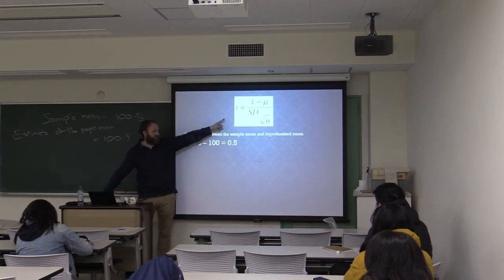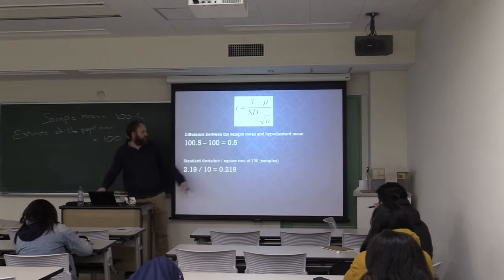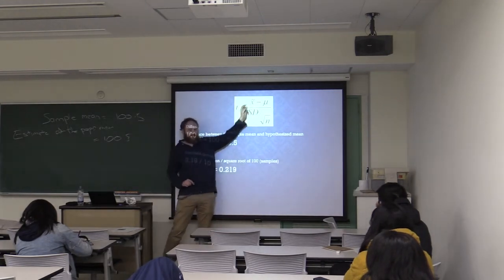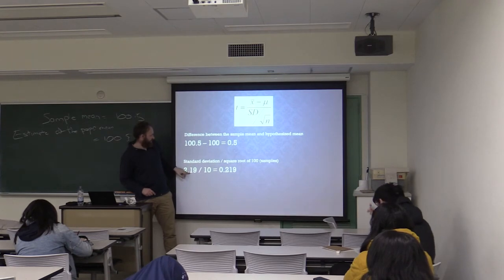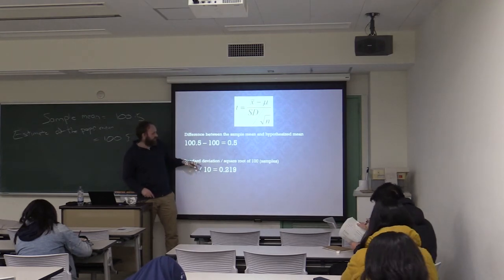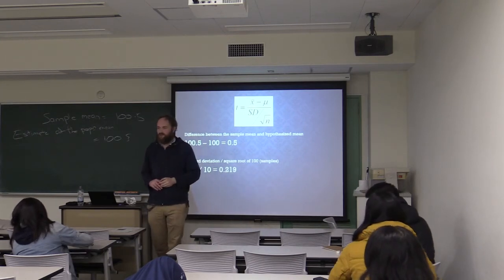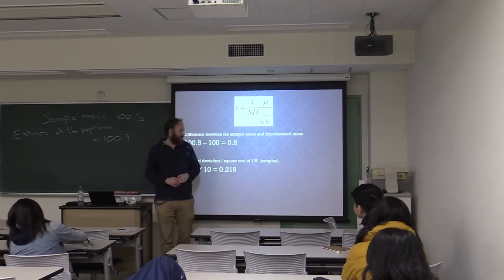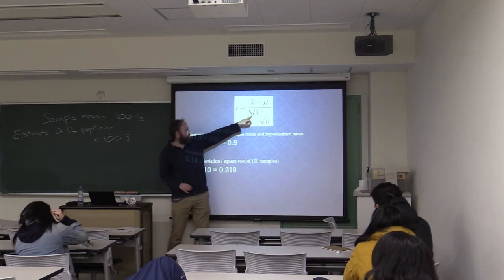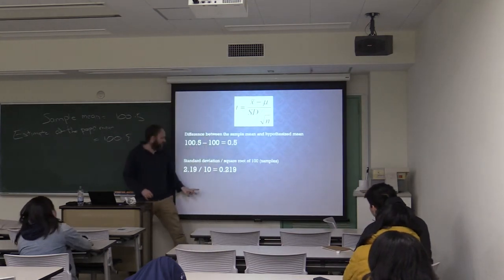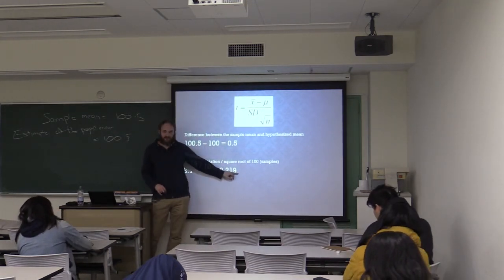100.5 minus 100 is 0.5. So 0.5 goes up here. 2.19 divided by the square root of 100. The square root of 100 is 10. So 2.19 divided by 10 gives us 0.219.